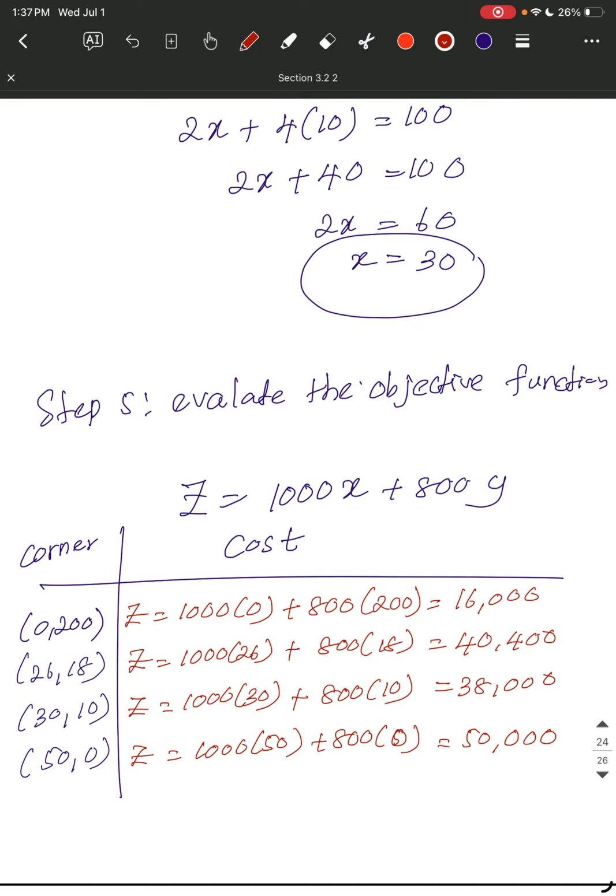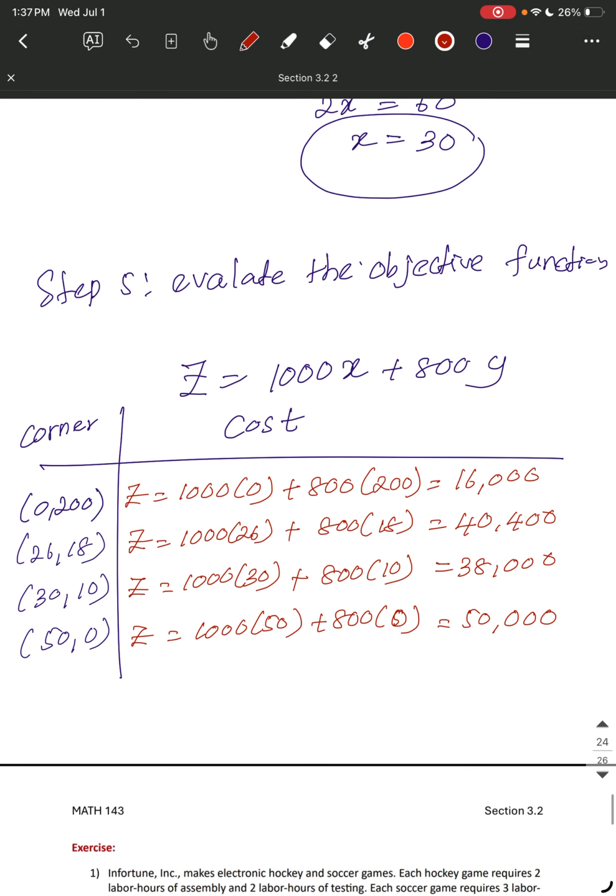So the minimum cost, not the highest one, because we are going to minimize the cost. So the minimum cost is at the corner point 0 and 200, 16,000. Therefore, the minimum cost is 16,000.